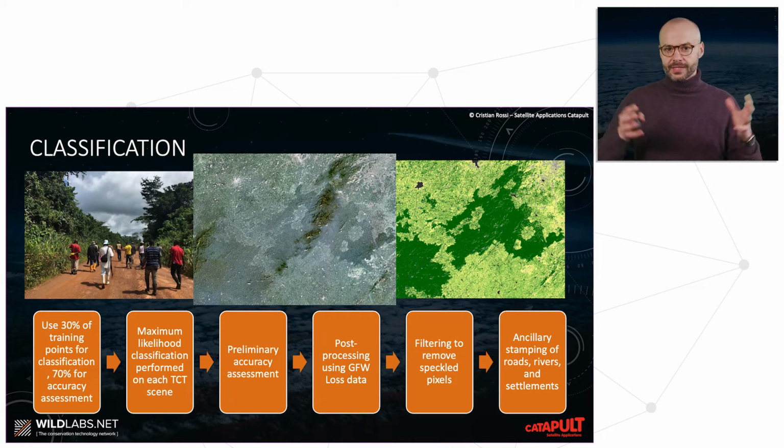We want to build the land cover classification map here. This has been done using artificial intelligence and a specific classifier called maximum likelihood classification. I won't go into the detail of how we can do it, but there is a certain approach, such as using part of the data for training and part of the data for accuracy.